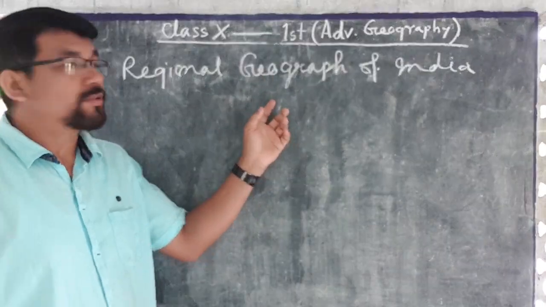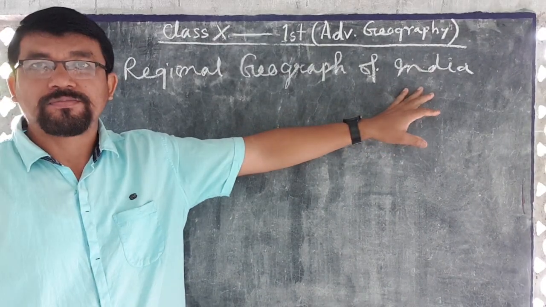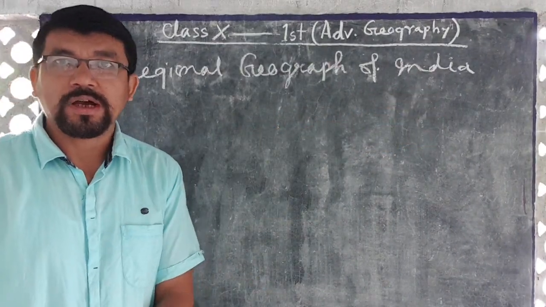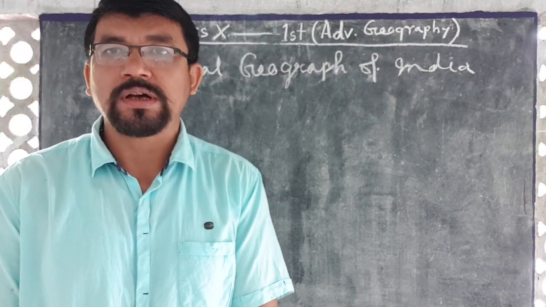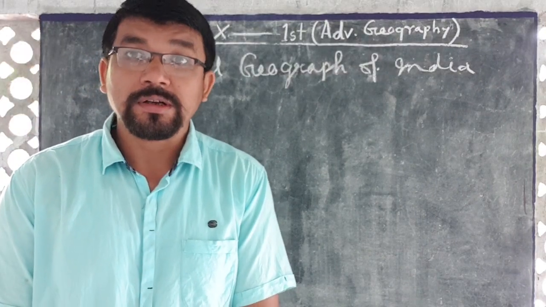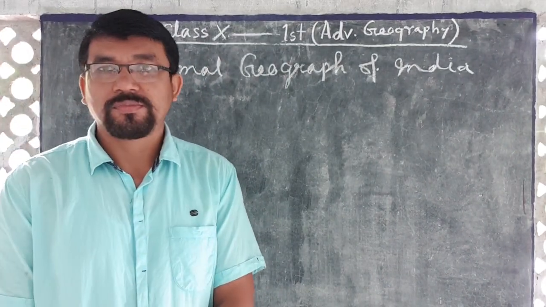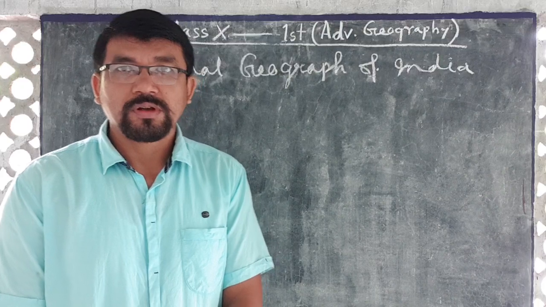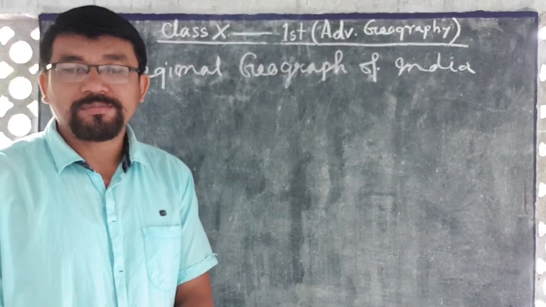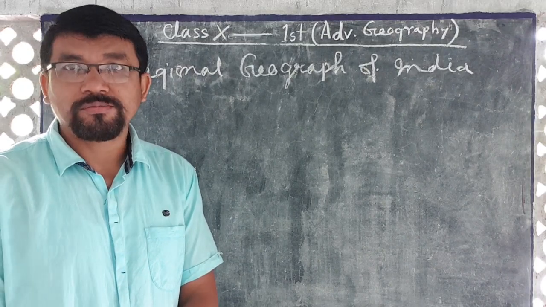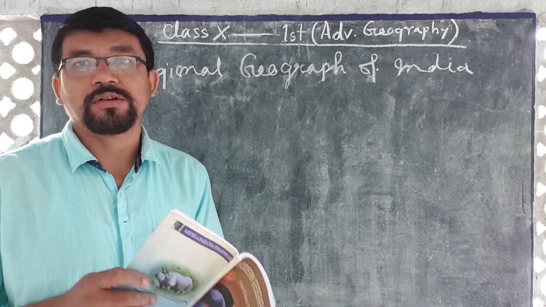And in this class I will discuss the regional geography of India. We know that regional geography is a branch of geography which studies the different regions of the earth's surface. So India is a country or a region that we discuss in this regional geography.